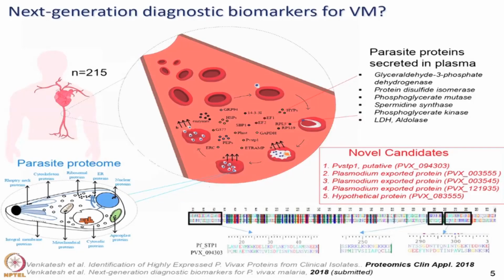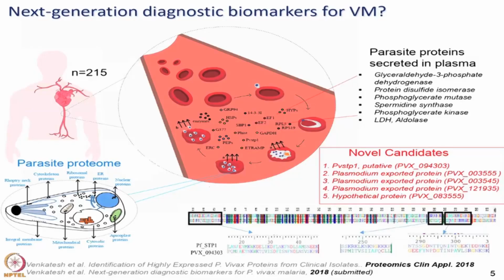One of the goals of the project was to see if we can identify specific biomarkers which could be very unique for vivax malaria. A lot of work has happened in the lab, but in a nutshell, in one study where over 200 patients were enrolled, we looked at the parasite proteome. We also looked at which parasite proteins are secreted in the plasma, because those are circulating in the blood and could be much more relevant biomarkers for our study.